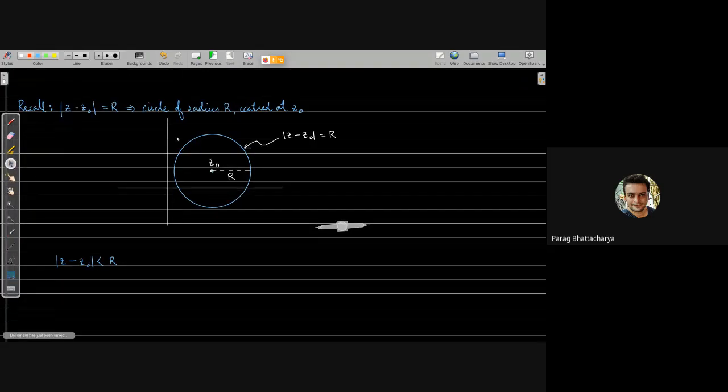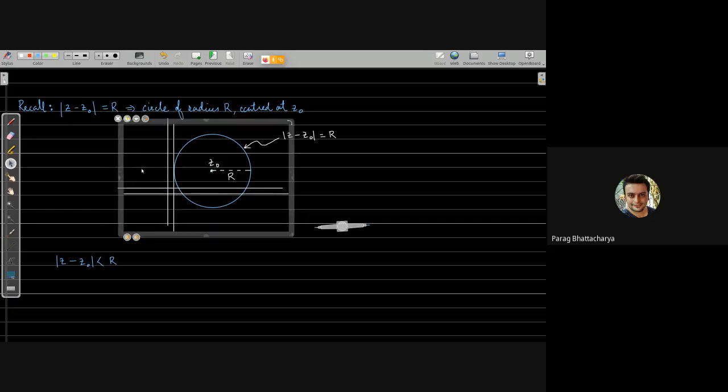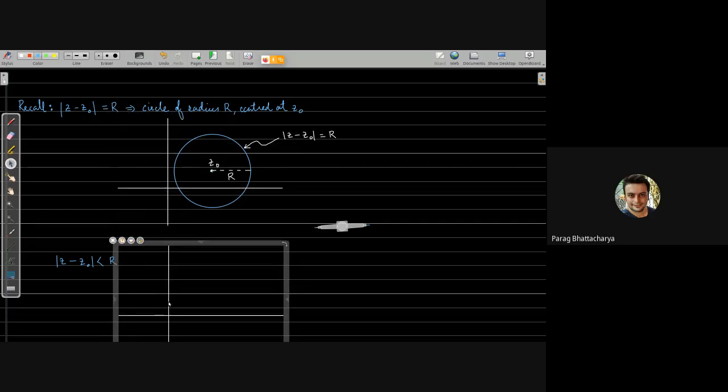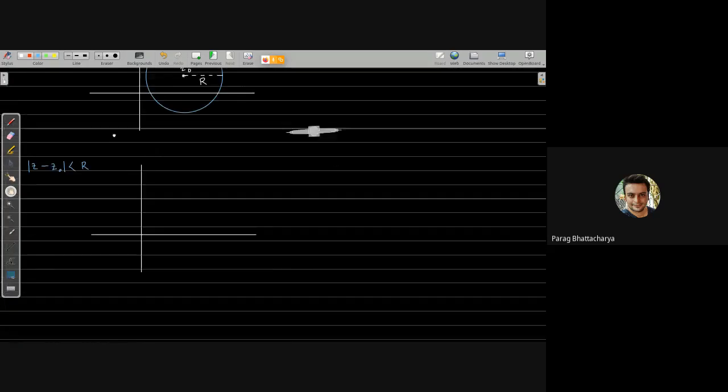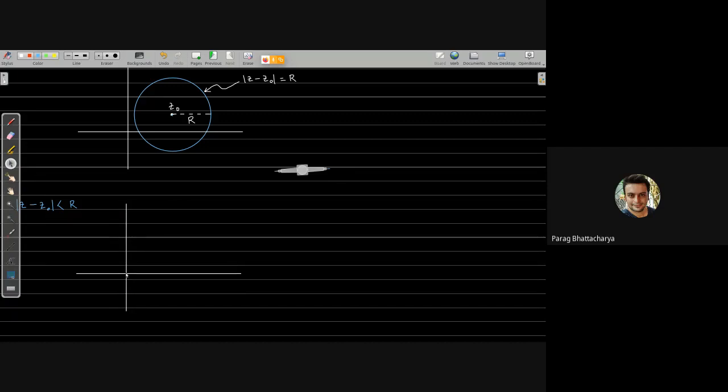So let's say this again, this is our z naught, and once again we draw the circle. Okay, so this is a circle.